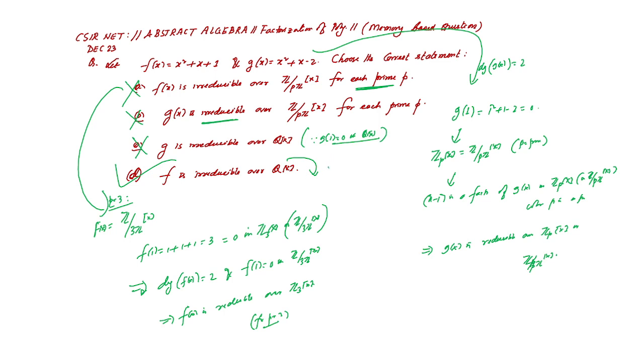Recall over Z_2, x² + x + 1 is the only irreducible polynomial of degree 2, and from this you can conclude f is irreducible over Q[x]. So that is the theorem. Or you can apply the Eisenstein criterion: you take f(x + 1), apply the Eisenstein criterion, and then you can conclude again that f is irreducible over Q[x].